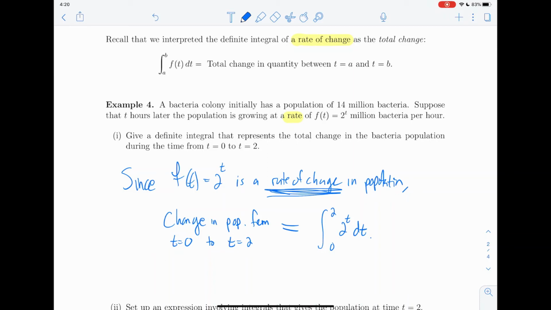Now, you may still want to ask yourself, how do I actually compute that integral? And that is a really, really good question. Last lecture, when we were still in chapter 6, we helped work toward understanding how to compute antiderivatives, and in particular, we did put together a notion of how to compute indefinite integrals.